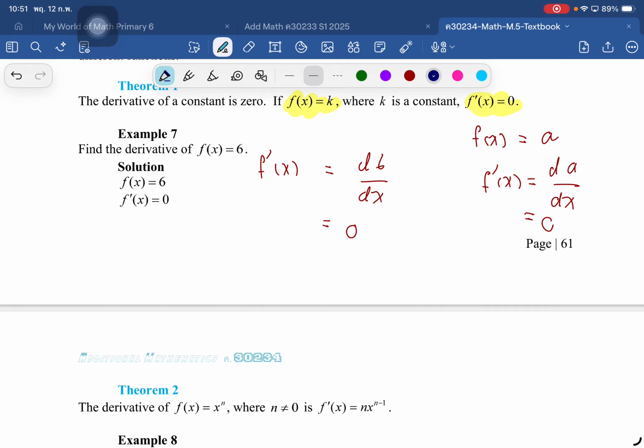Okay, the fourth rule: if you merge 2, 3, 4 functions together, if your f(x) is u(x) plus or minus v(x), then f'(x) will be equal to the derivative of u plus or minus the derivative of v.